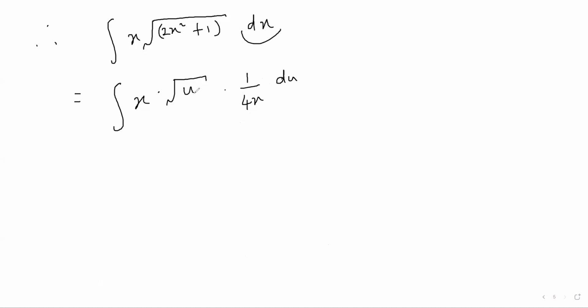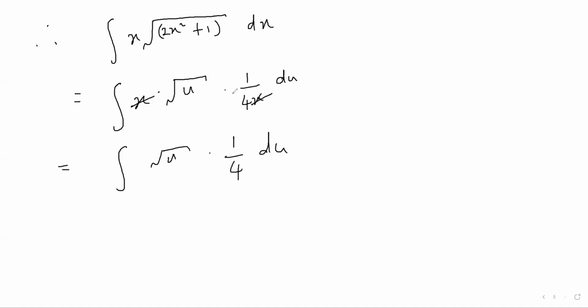When we do that, we can see that we have an x at the bottom and an x at the top. So the two x's will cancel out, and we will be left with the integral of the square root of u multiplied by 1 over 4 du.